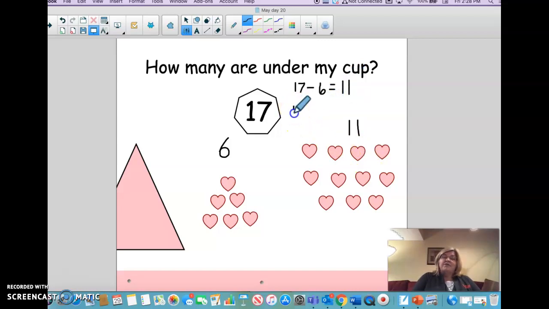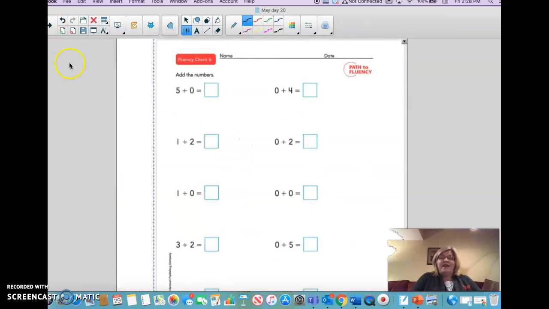You could also do 17 hearts total, take away the 11 that were on the table, and that leaves you with the number of hearts that were underneath the cup. So lots of different strategies to figure out the correct answer.